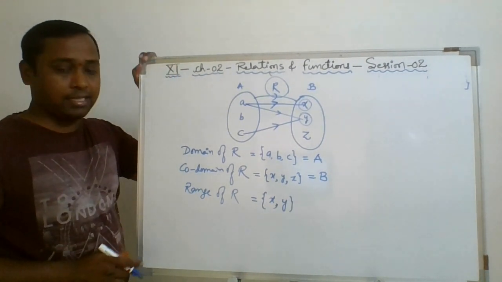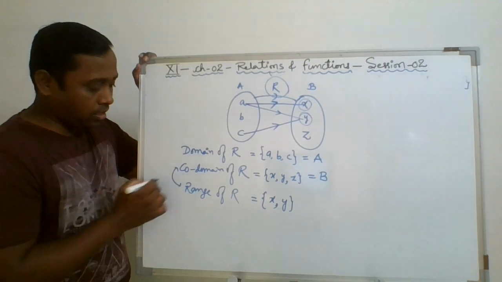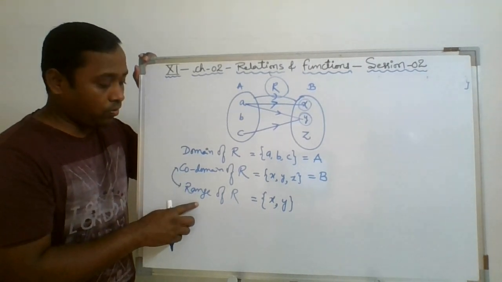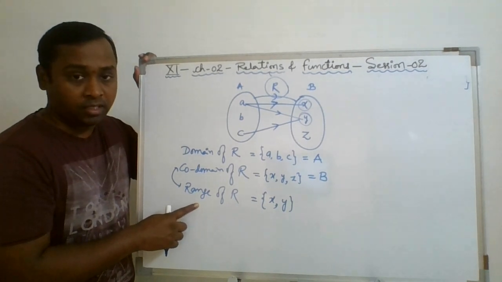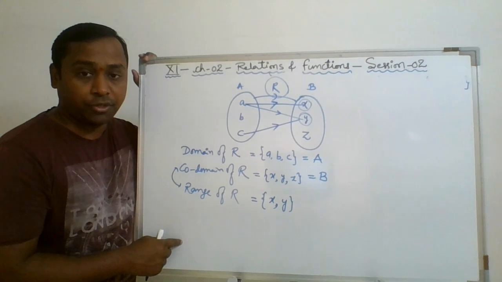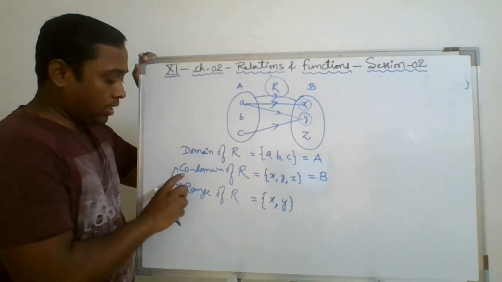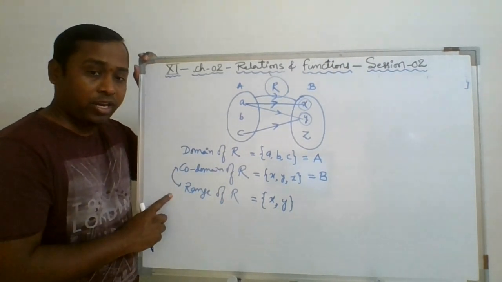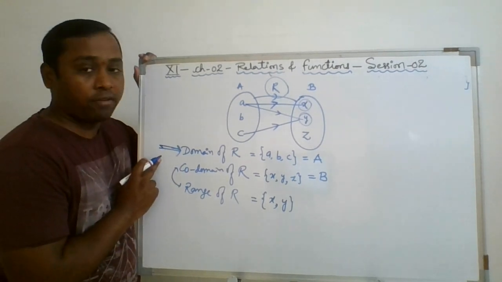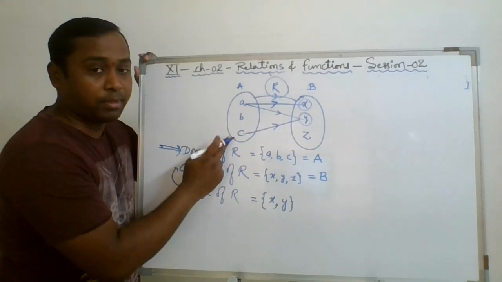Now from this example, it's very clear that codomain is not generally equal to the range, depending on the relation which is given to you. So this is the difference between codomain and range, and domain is very clear. There is no confusion, only the set of first elements.